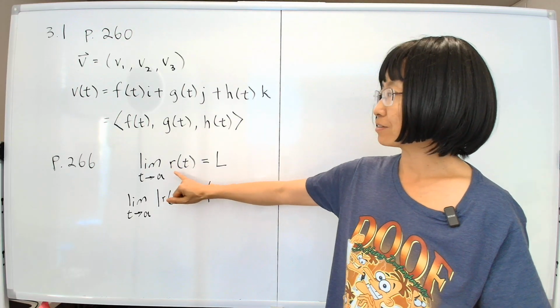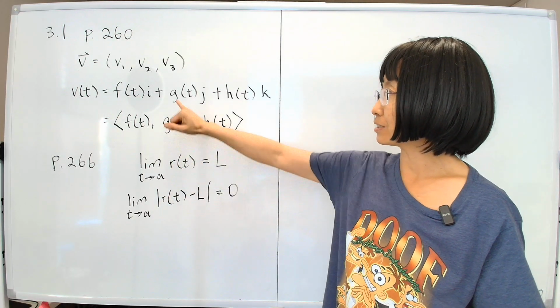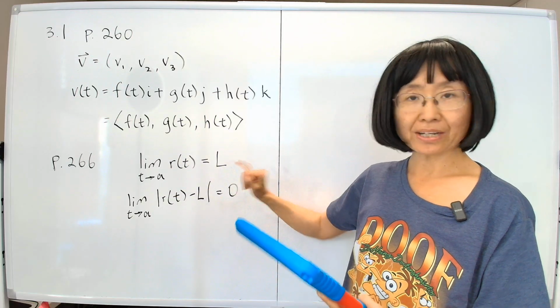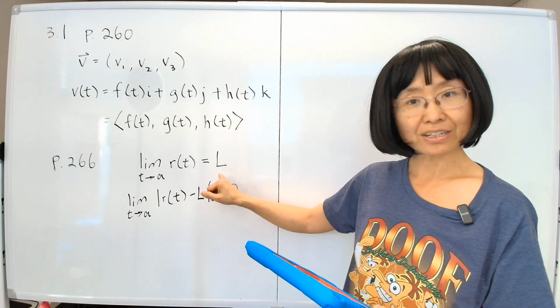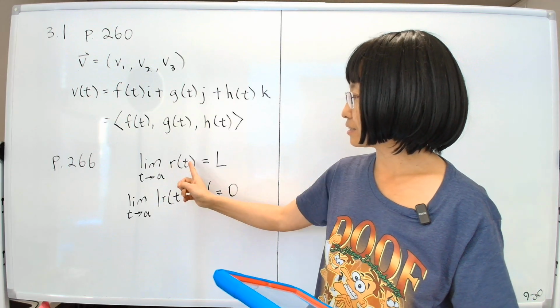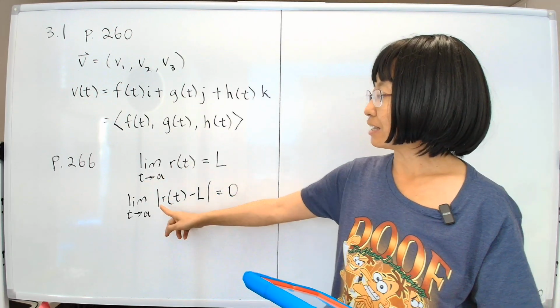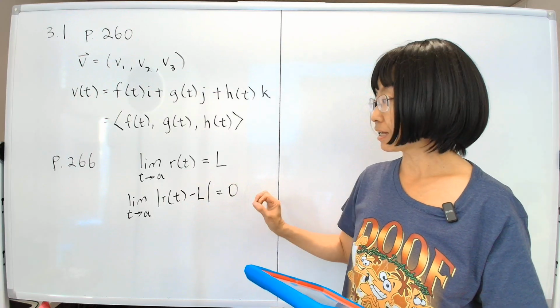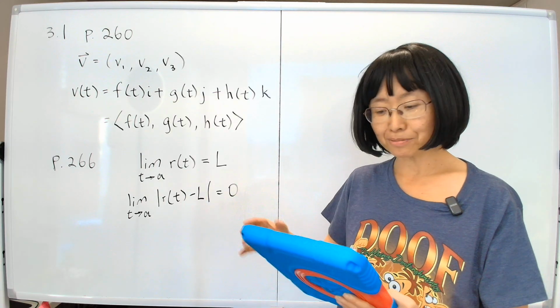If this is a vector function, remember a vector function has two or three parts, and it will approach a vector. This is not a number. This is a vector called L. It approaches L as t approaches a if the magnitude of the difference vector approaches 0. And how are you supposed to do that?